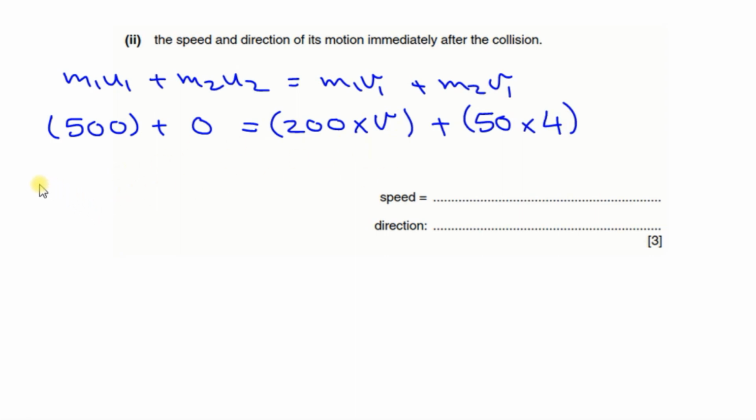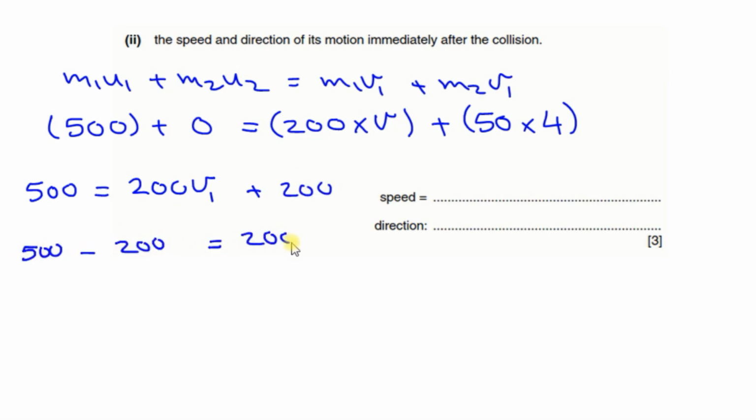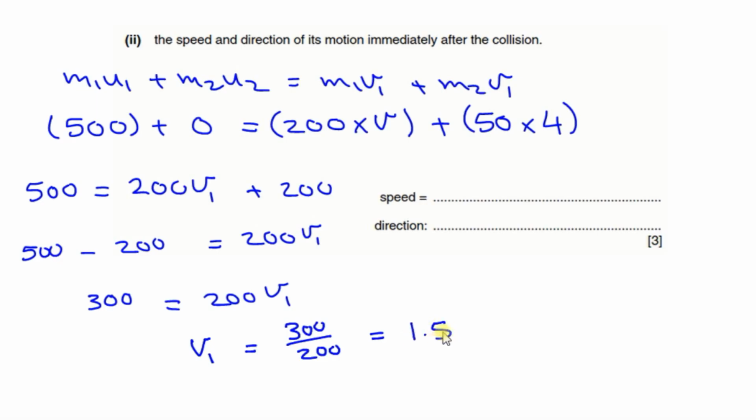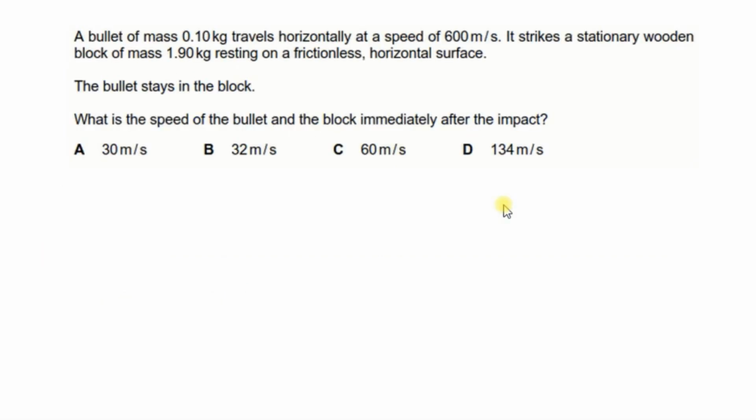Doing the math, so the speed is 1.5 meters per second, and the direction is to the left since it has the same sign that we considered from the beginning to be positive, which is to the left.